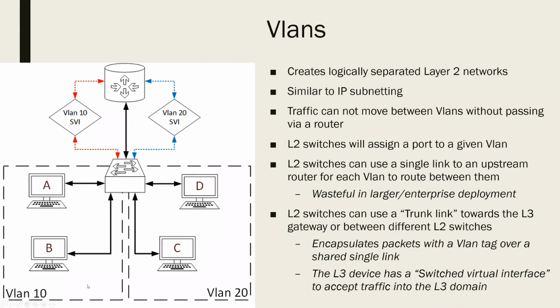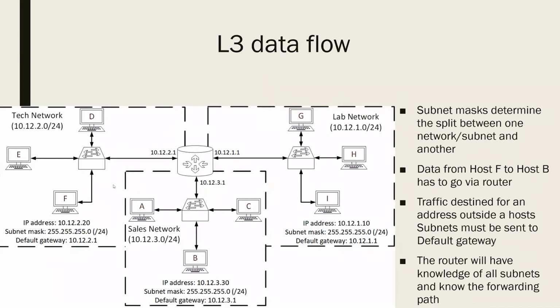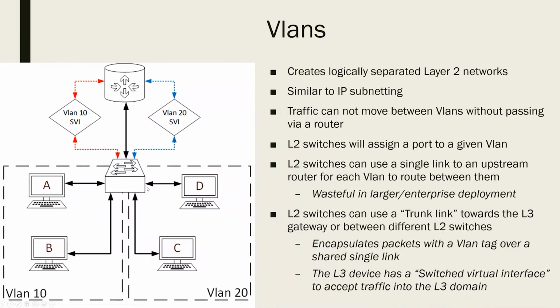Yet again, if we look back to our previous diagram, this lab network, while it is one subnet, it is also one layer 2 domain. So in the case of these VLANs, we can split them up, but each VLAN still needs its own subnet. It still needs its own IP range. You can't have them clashing, otherwise the router doesn't know which VLAN to send the traffic down.